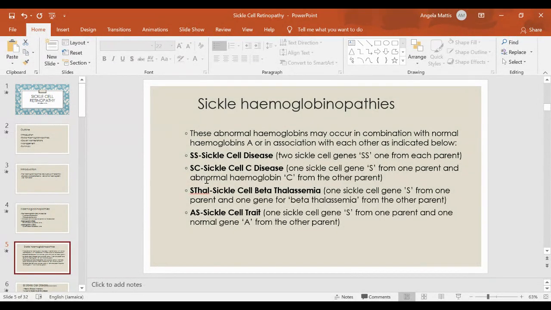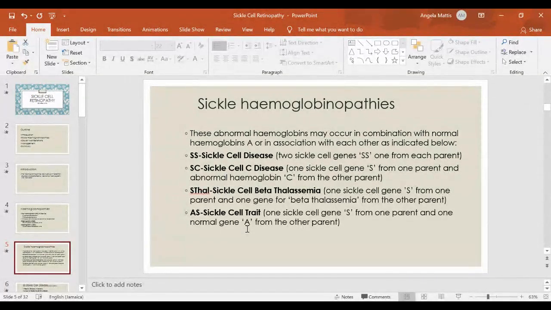Then you can have SC, sickle cell C disease, 1 sickle cell gene from one parent, and then the abnormal hemoglobin C from the other parent. Then there's sickle beta thalassemia, where there's 1 sickle cell gene from one parent and 1 gene for beta thalassemia from the other parent. And then we have the sickle cell trait, where you have 1 sickle gene S from one parent and 1 normal gene hemoglobin A from the other parent.